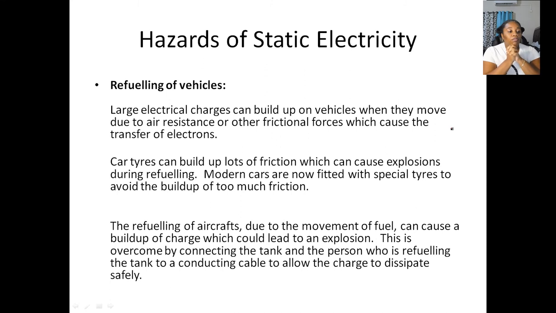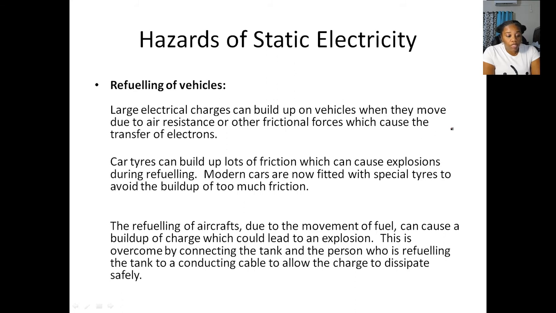Now, refueling of vehicles. Large electrical charges can build up on vehicles when they move due to air resistance or other frictional forces which cause the transfer of electrons. Car tires can build up lots of friction which can cause explosions during refueling. Modern cars are now fitted with special tires to avoid the buildup of too much friction.